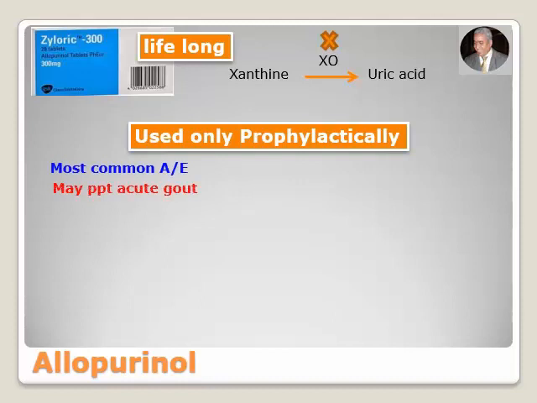After initiation, it precipitates acute gout in about 6% of cases. So, it is advised to give a drug to abort the acute attack, e.g. corticosteroids, at the initiation of treatment.